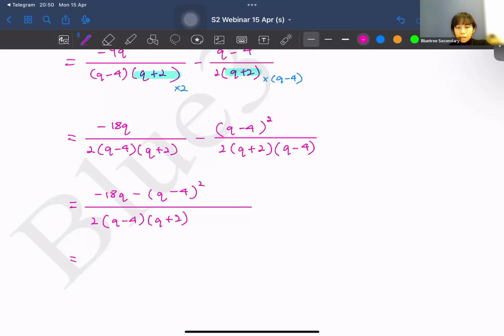And the common mistake that I mentioned just now is when you have a negative in front, your negative applies to the entire expansion at the back. So make sure you include brackets when you expand this (q - 4) squared.